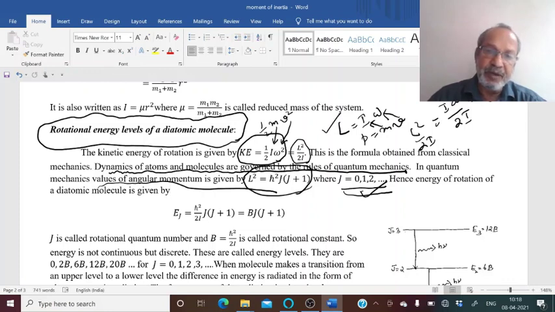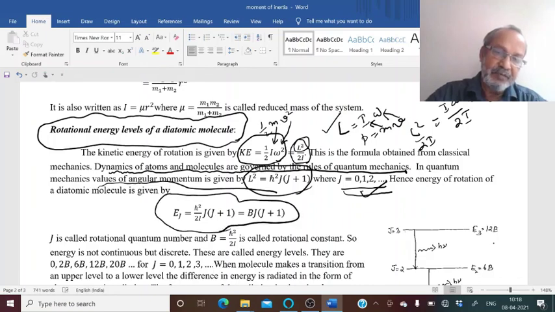So substituting for L square, we get a rotational kinetic energy given by this expression, which may be written as b into j into j plus 1, where b is equal to h cross square by 2I.